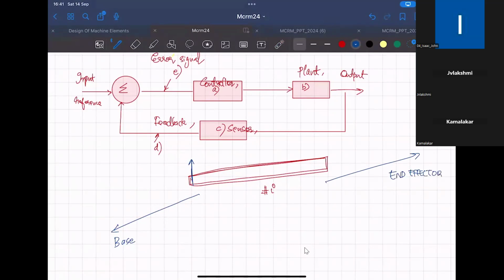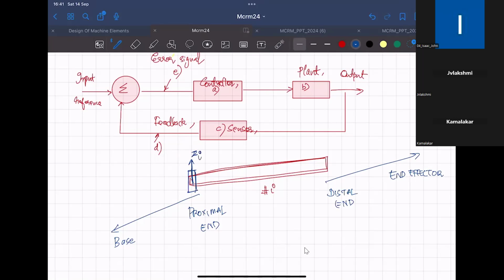a link will always have a frame attached at the end that is towards the base. We call this end the proximal end, and we call the other end towards the end effector the distal end. If you consider the z-axis to be vertically up, and this to be a revolute joint, the z-axis will always be up like this.